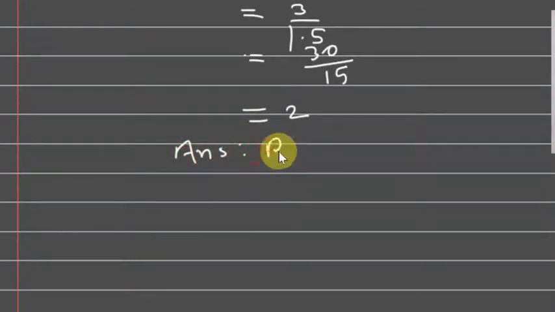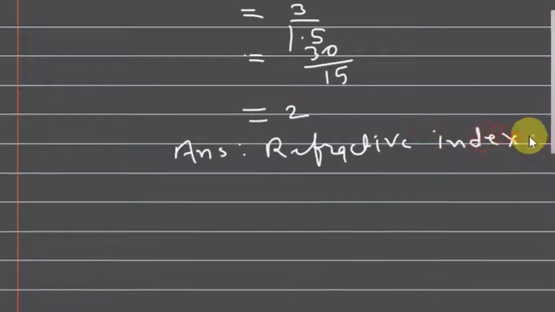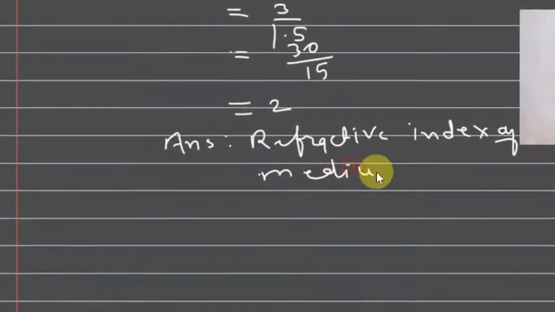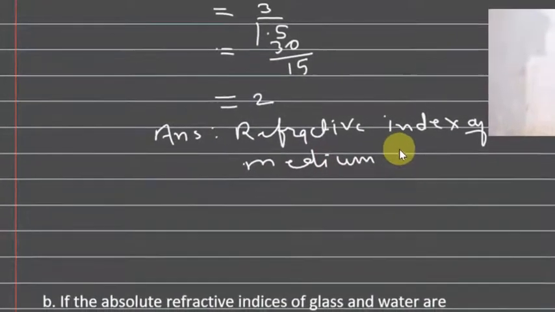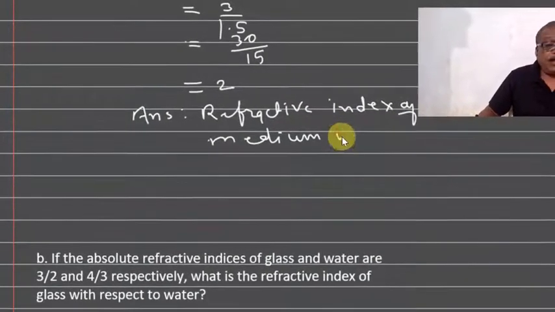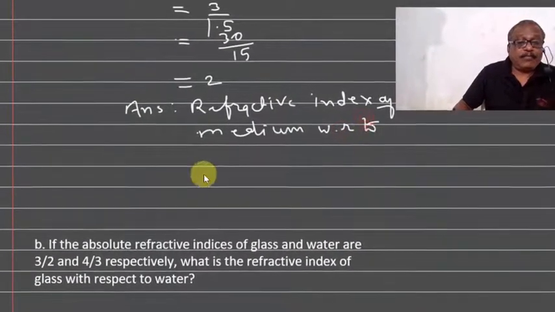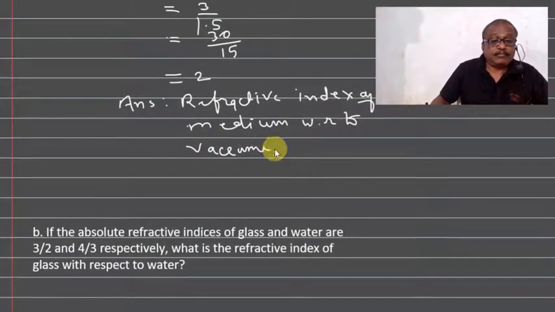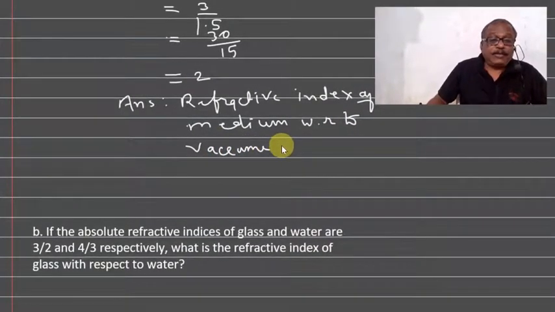The refractive index of medium with respect to vacuum, that is the absolute refractive index, that is 2, no unit.